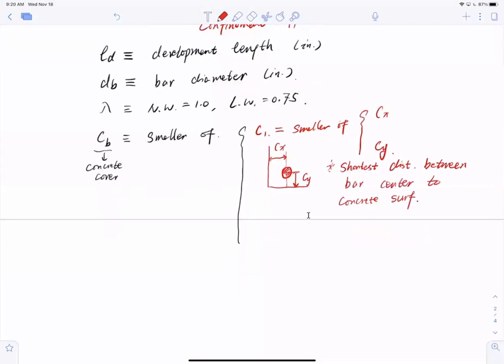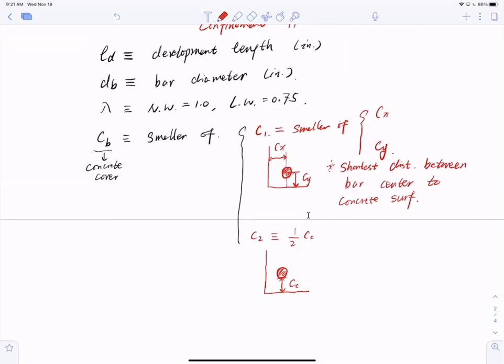Now there is a second term, which is C2. C2 is defined as half CC. What is half CC? If I have a bar here, and this is my concrete section, CC is the clear spacing between the bottom edge of the bar and the bottom surface of the concrete section.